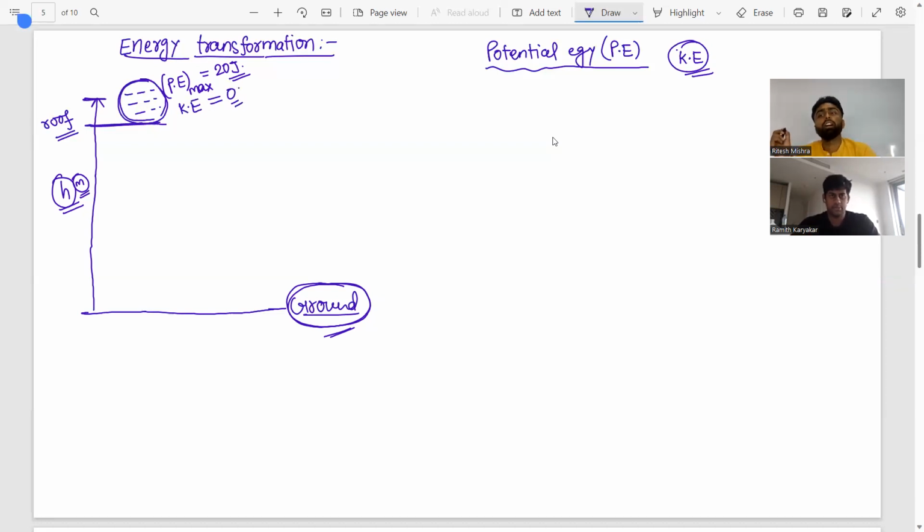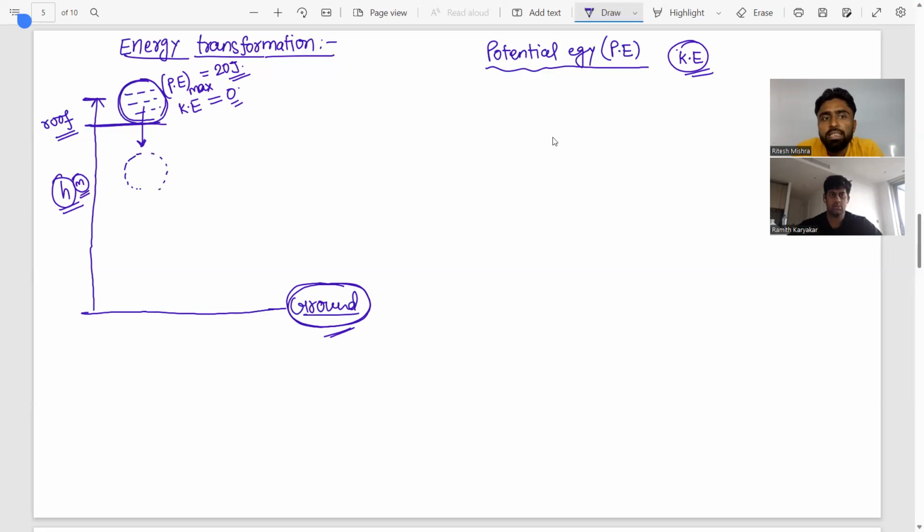Now, if we drop this balloon to the ground, what happens? Let us assume that after some time, since the body is falling, it is at this position.